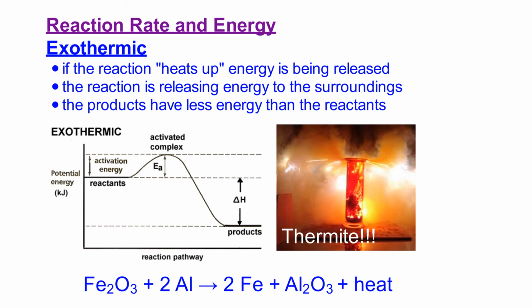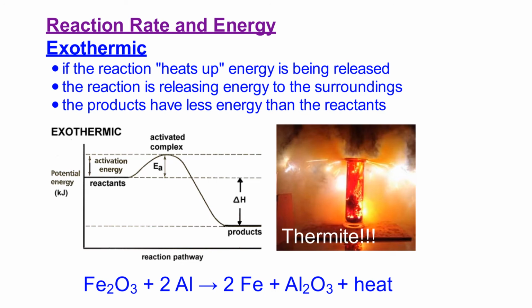So when we think about energy, we can have what we call an exothermic reaction or an endothermic reaction. And we're going to start here with thinking about energy and exothermic reactions. So if the reaction itself heats up, then energy is going to be released. So the reaction ends up releasing energy to the surroundings. And remember, here energy and heat are going to be pretty synonymous.